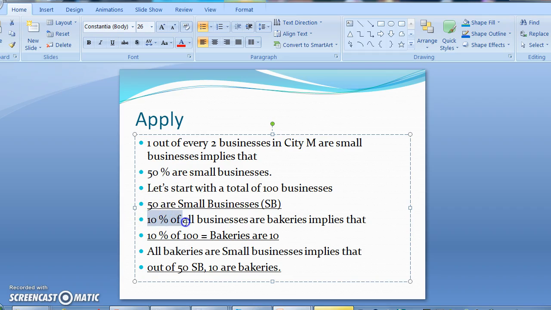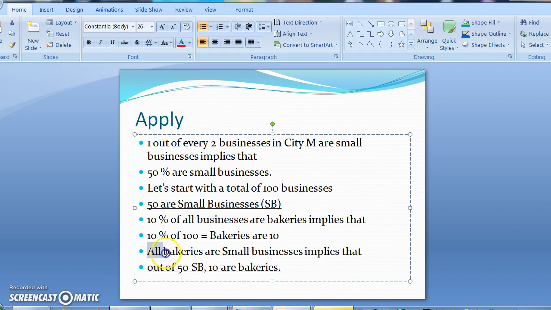Next line: 10% of all businesses are bakeries. We've taken the total businesses as 100, so 10% of 100 is 10. So we now know that there are 10 bakeries.